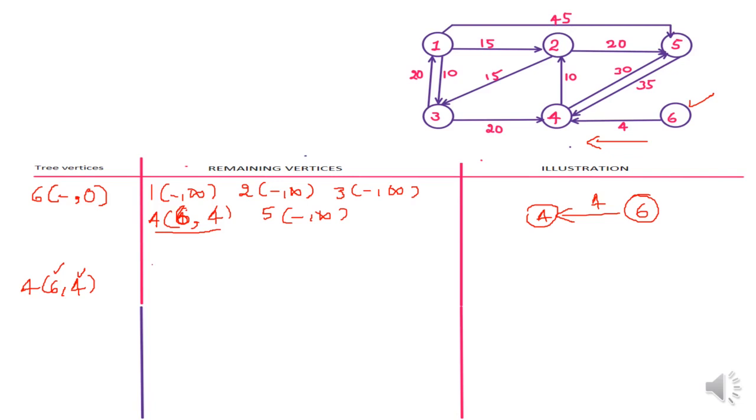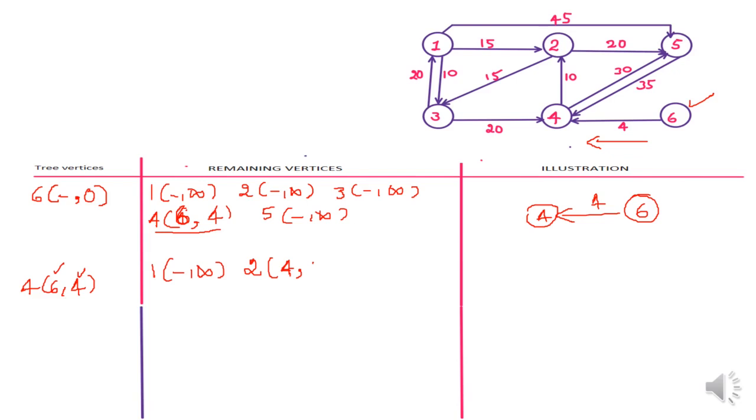So for 1 the distance will be as it is, like previous, no updation. 2 is making an edge with 4. From 6, however, you know that there is no edge. So for 2 the penultimate vertex is 4, and via 4 it is making a path to 2.